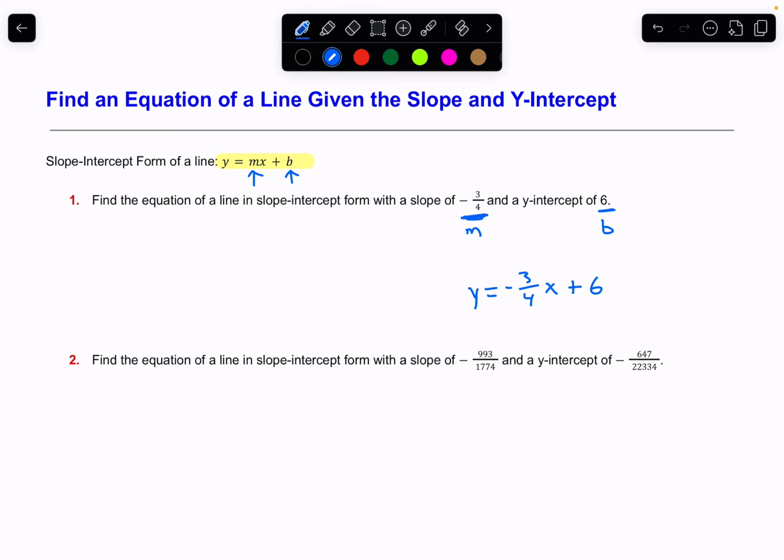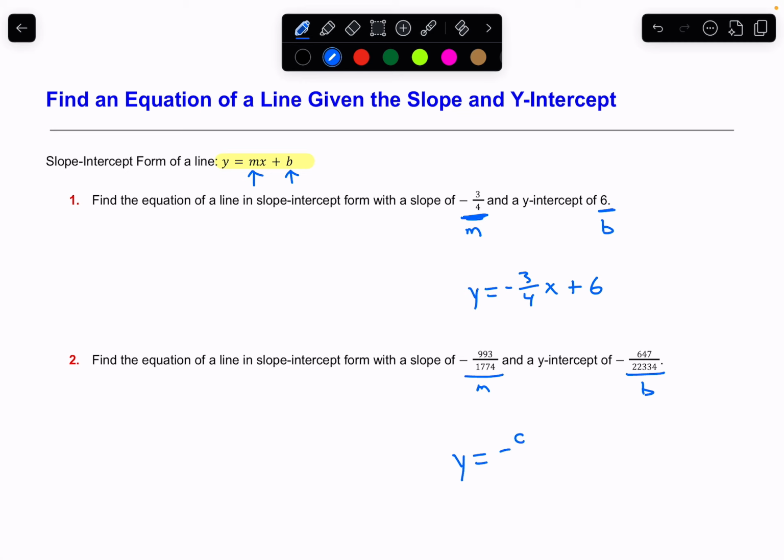Number two, I made the numbers really scary just to make it seem harder, but it's just as easy. It says find the equation of a line in slope-intercept form with a slope of -993/1774, that is our m, and a y-intercept of -647/22,334, that's our b. Even though these numbers are horrendous looking, we don't have to do anything with them.